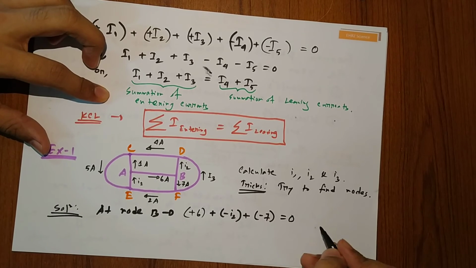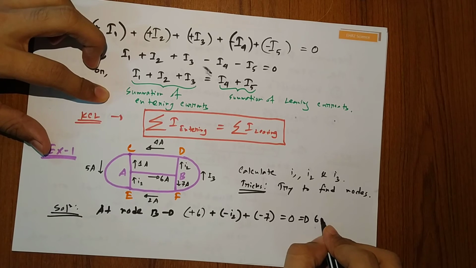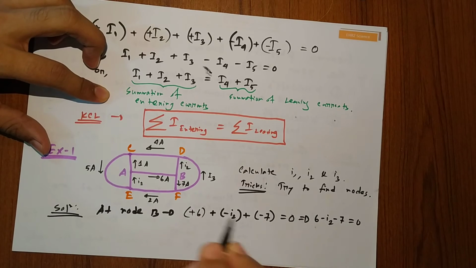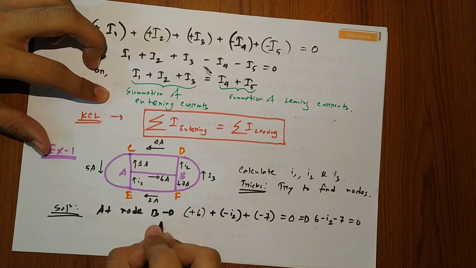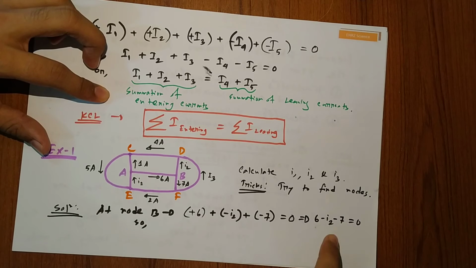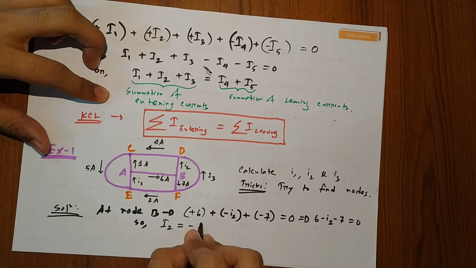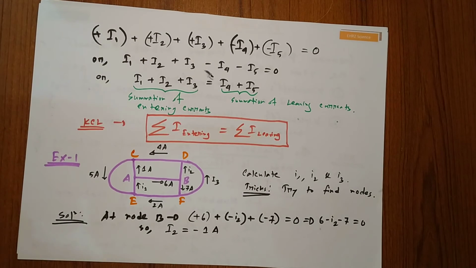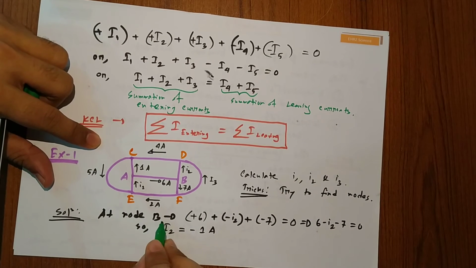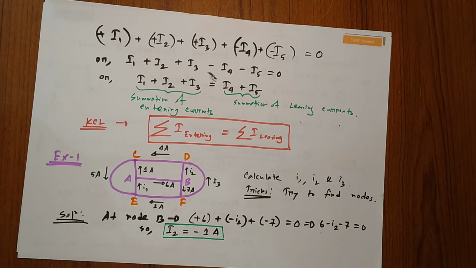Total summation is 0, which means 6 minus I2 minus 7 is equal to 0. So I2 is equal to 6 minus 7, which is minus 1 ampere. Okay, we have calculated one of our unknowns, which is I2 is minus 1 ampere.